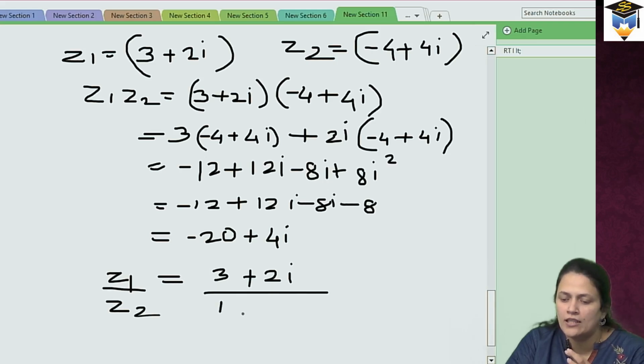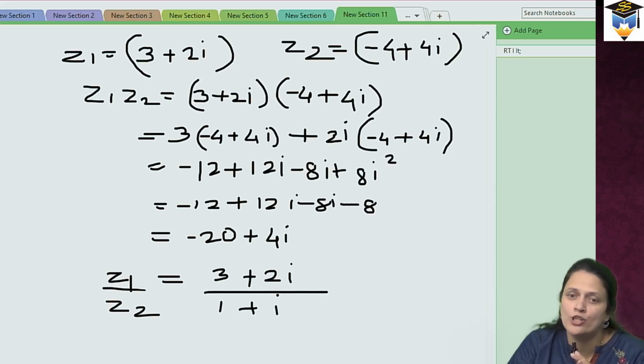Now, in the denominator part, what is the complex number? 1 plus i. Can you tell me what is the conjugate of this? What is the conjugate of 1 plus i? Romil? What is the conjugate of 1 plus i? Tell me.